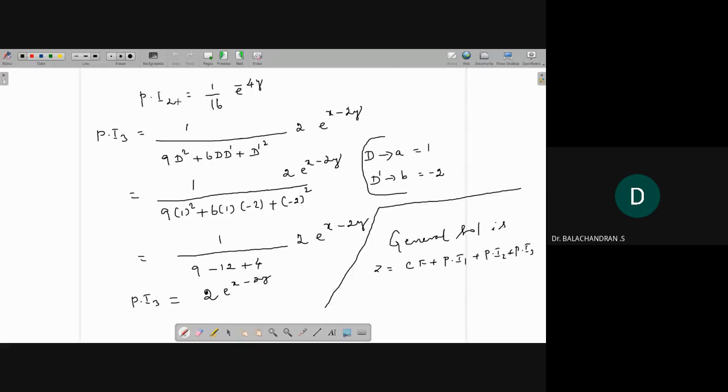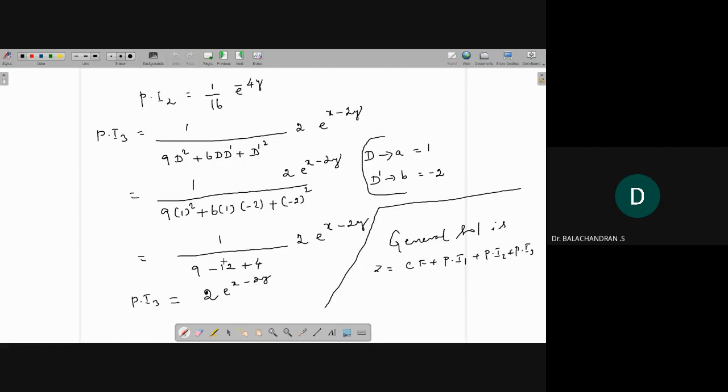So this is PI2. PI3, that is the 2ab term. Here you need to replace D by a, which is 1, and D' by b, which is -2. So just replace D by 1: 9 into 1² plus 6 into 1, D' is -2, plus (-2)².